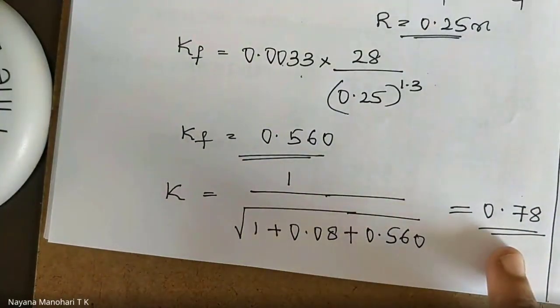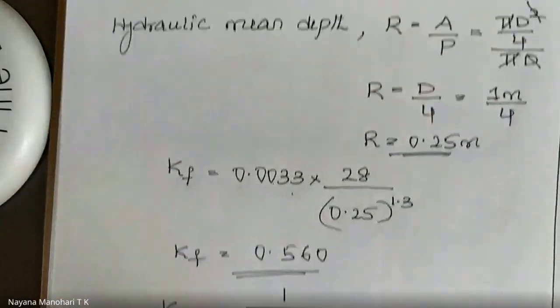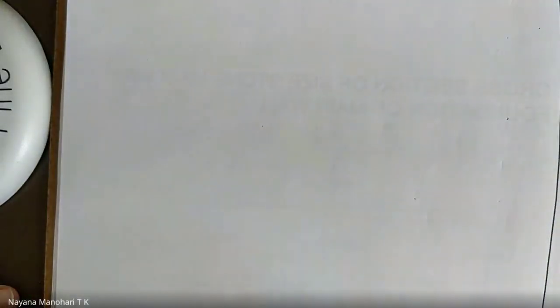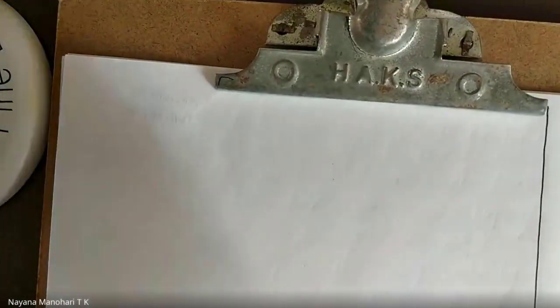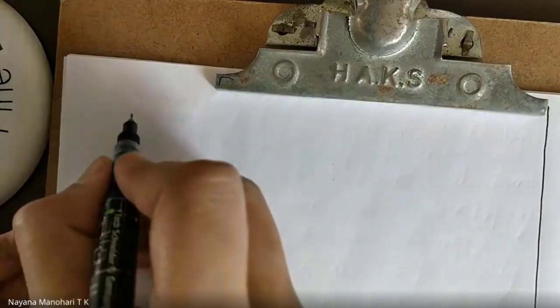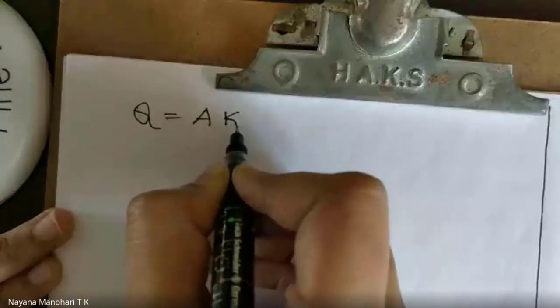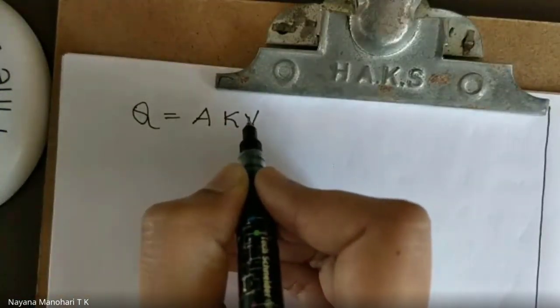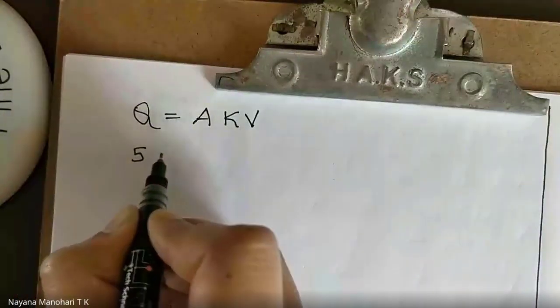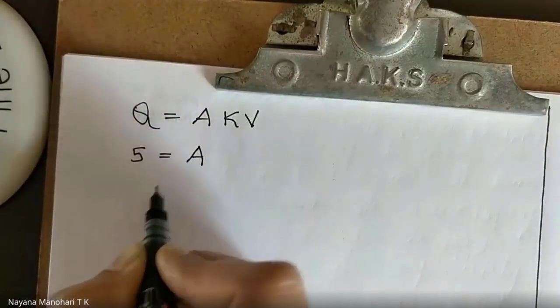Once you calculate this K value, substitute it in the discharge equation. Initial step: discharge equals A into K into V value. Discharge they have given as 5. You need to calculate the area.